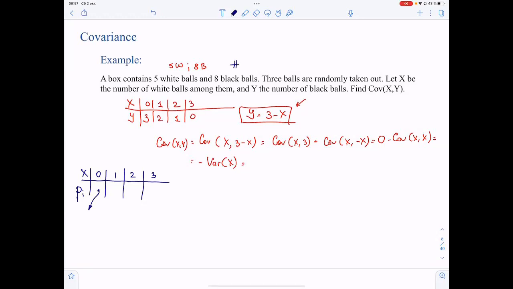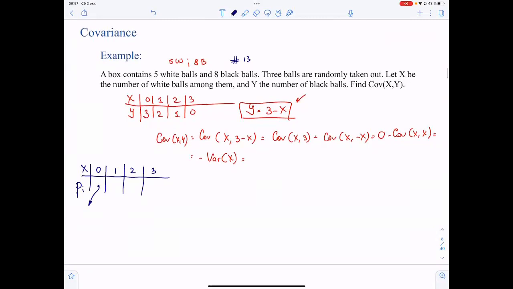The total number of balls is 13. What is the probability that I pick 3 balls and none of them is white? That's going to be: the first ball should be black, then the second one should be black as well, and the third should be black as well.